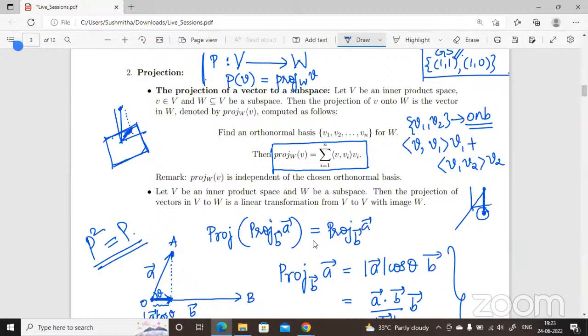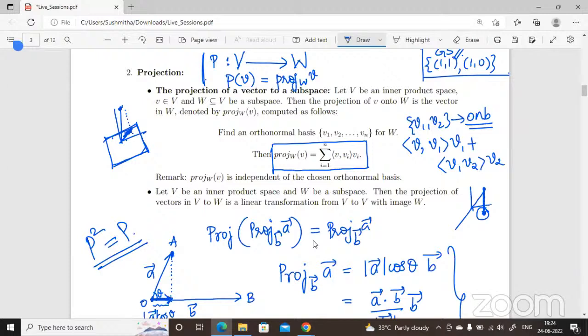It depends on that. The standard ordered basis is an orthonormal basis for Rn, meaning for the XY plane in R2 or R3. If the plane is not the XY plane, then it won't work. We have to select the orthonormal basis on that plane.